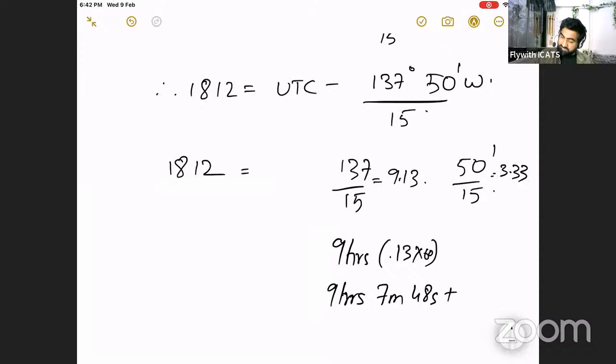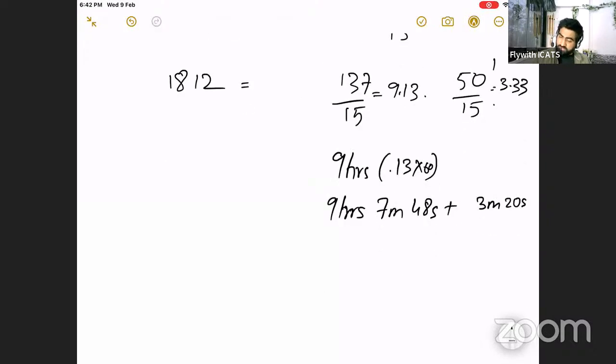So you get plus 3 minutes and 0.33 seconds, 19.8, that is 20 seconds. I'm just going to add these minutes here. So 48 plus 20 is 68 seconds.